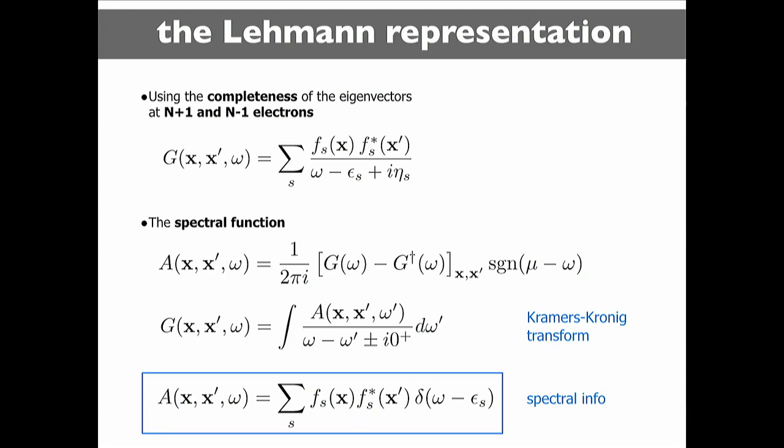This is also a spectral representation of the Green's function. If you want, the spectral function is the mathematical source of the Green's function via this Kramers-Kronig. If you take this definition here, you plug it here, you end up with this definition here.